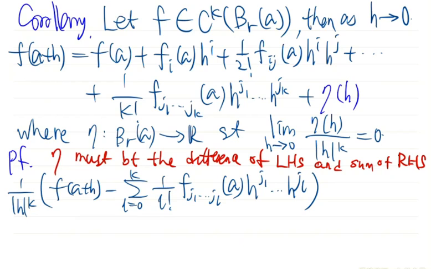So the sigma sum is the sum of all terms on the right hand side except the last term, our eta.